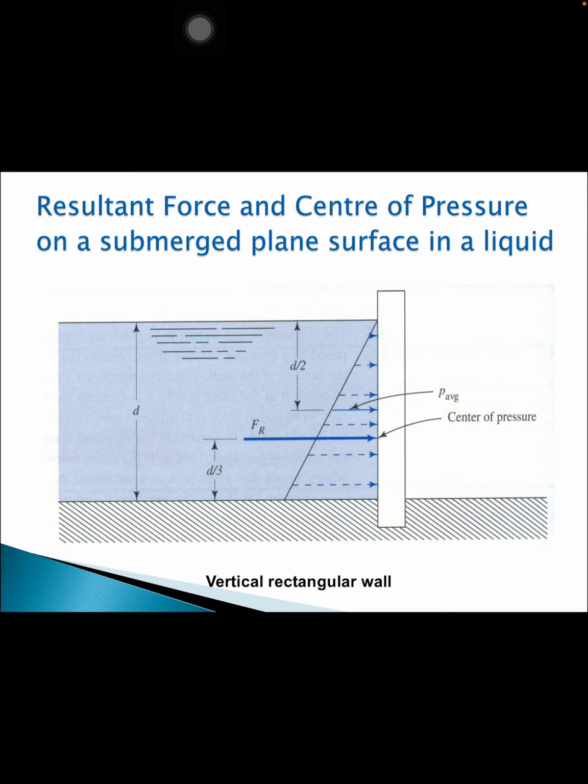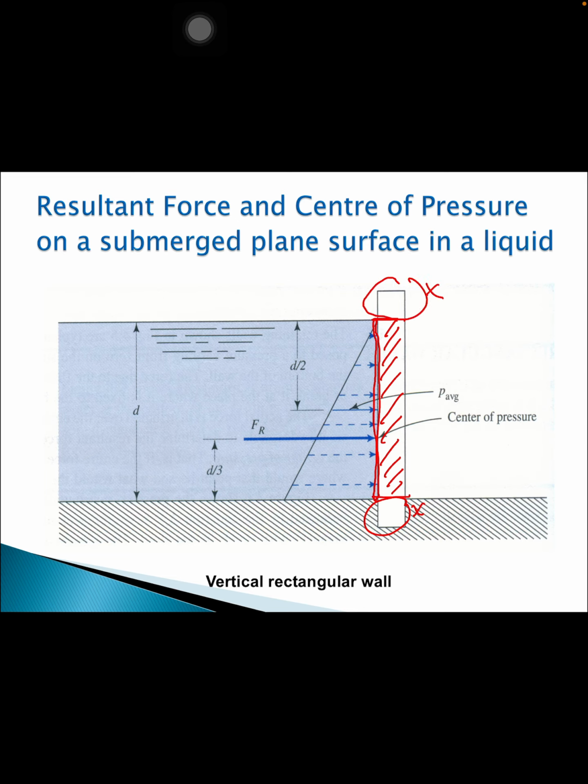Here is the resultant force that acts on the submerged plane. I want to highlight here: you have to consider only the plane that touches the surface of the liquid. So in this case, you have to consider this plane only. This one is not involved, this one is also not involved. Why?